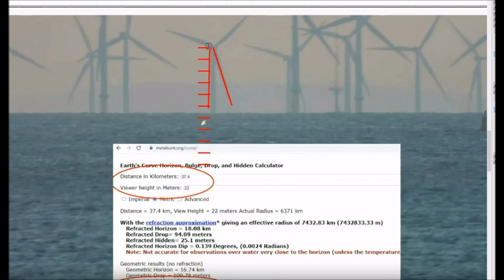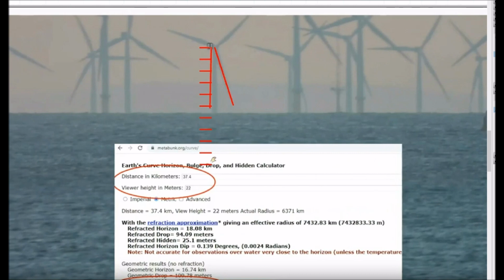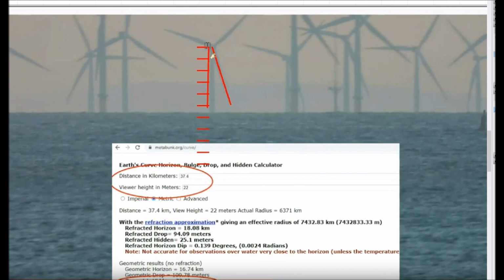And then I continued with the 10 meter marks until I got down to 100 meters. And the base of that pylon is 98 meters high. So the bottom of this pylon is down here somewhere below the horizon line. That's one of the wind turbines that's further away.